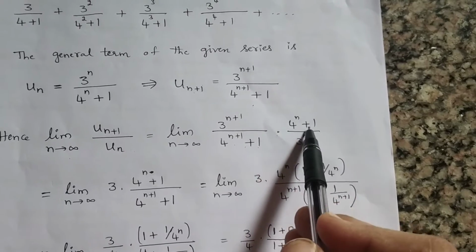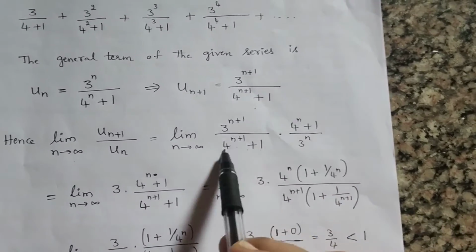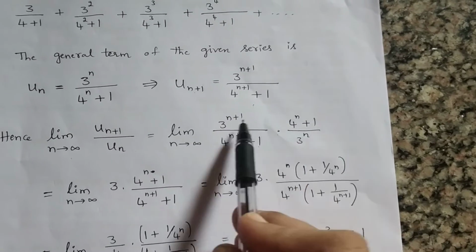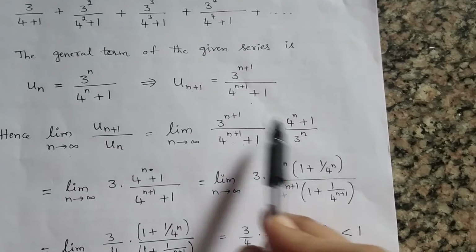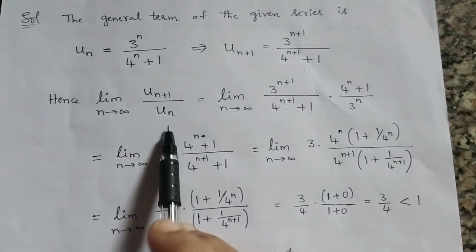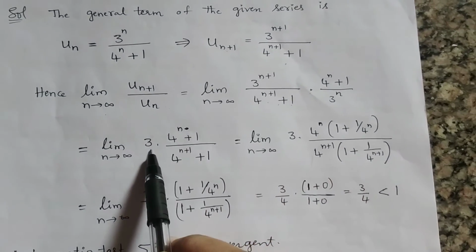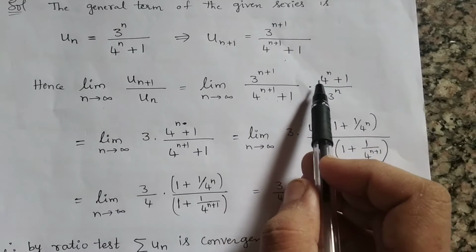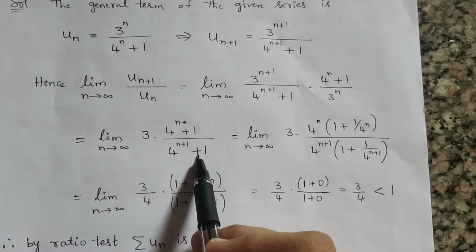So this 4 power n you cannot cancel, since we have a sum of 2 terms. In the other we can cancel because there is only one term in both numerator and denominator. 3 power n cancels. We get 3 power 1. The remaining terms are as they are: 4 power n plus 1, 4 power n plus 1 plus 1.